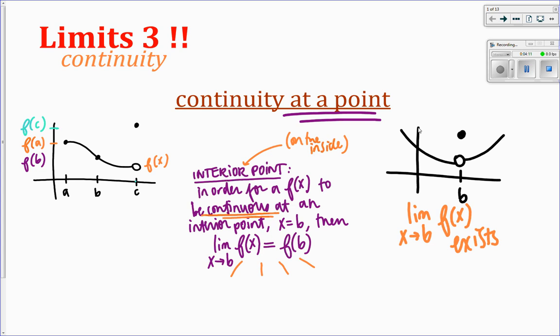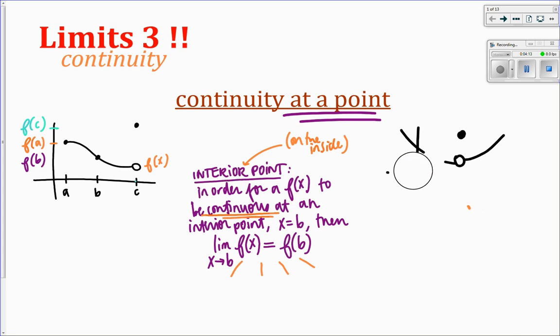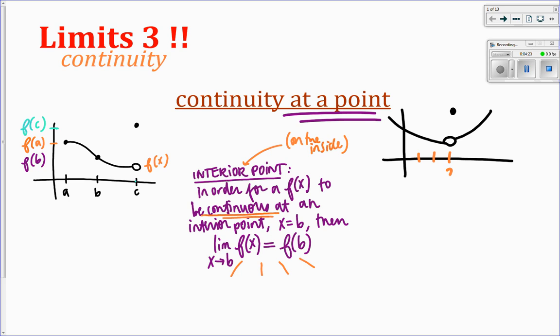I'm going to make this more specific. Let's say my drawing looks like this. I'm going to label my x-axis 1, 2, 3, and my y-axis 1, 2, 3. So the limit as x approaches 3 of this function is, well, what's my y value approaching here?